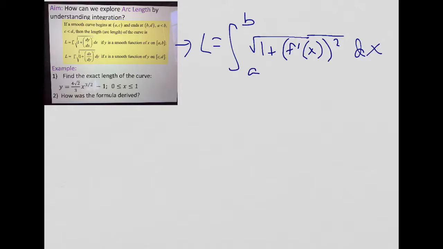This is for when y is a smooth function of x, which is why I wrote f prime of x in the parentheses, on the closed interval from a to b.